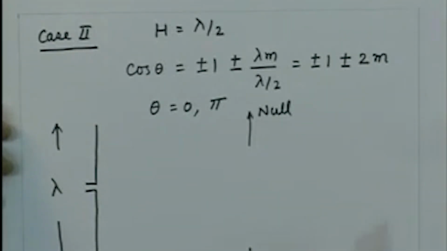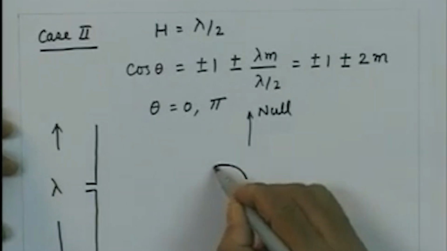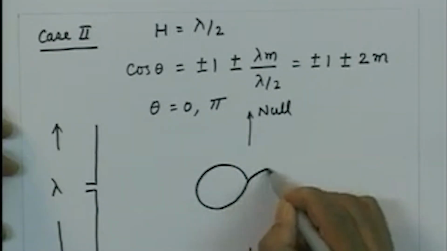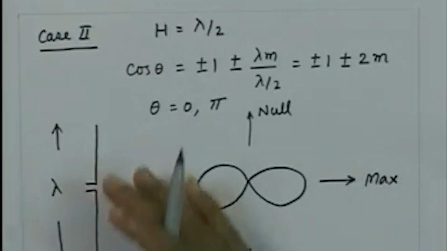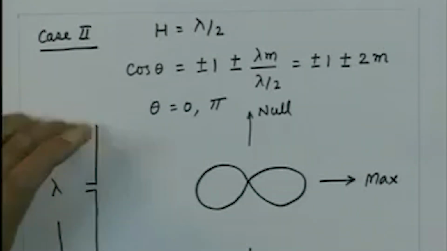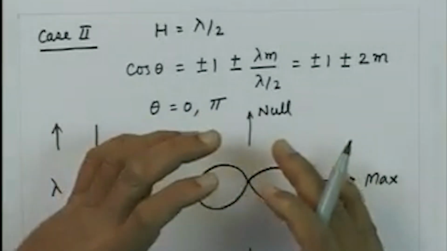So, direction still remains same, which is maximum like this. So, the radiation pattern becomes something like that. Again there is a direction of maximum. So, till we increase the length of the dipole up to lambda, the shape of the radiation pattern does not change significantly.